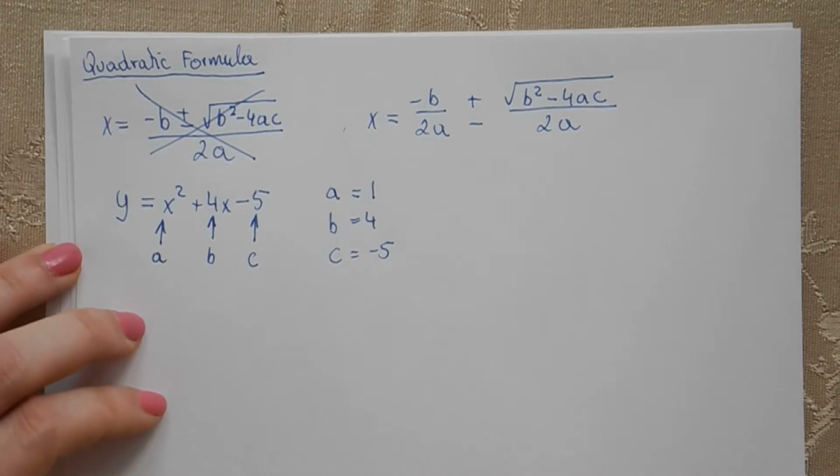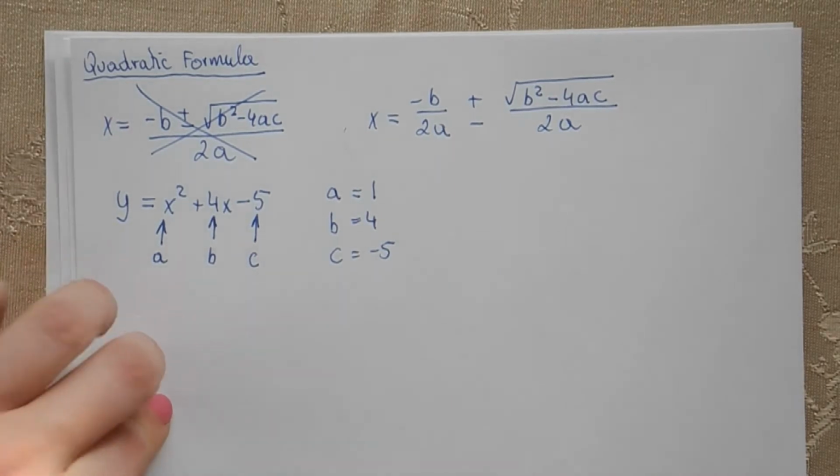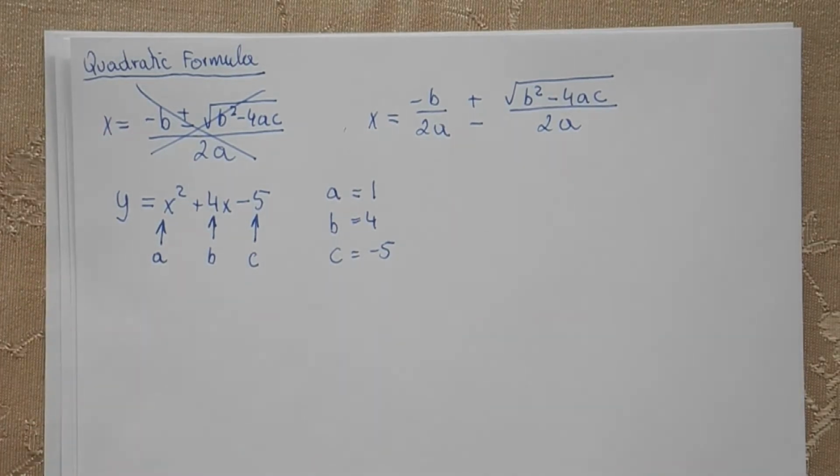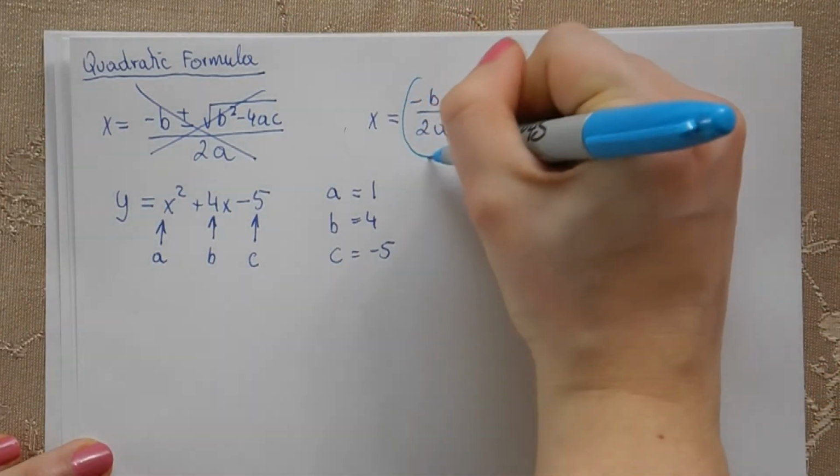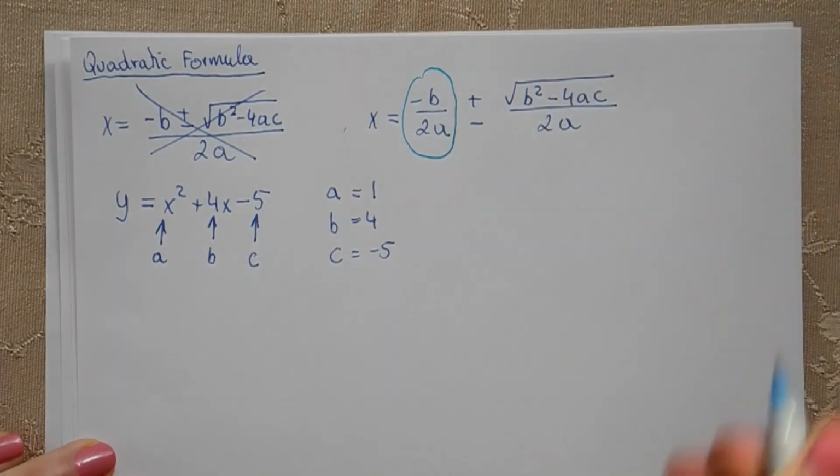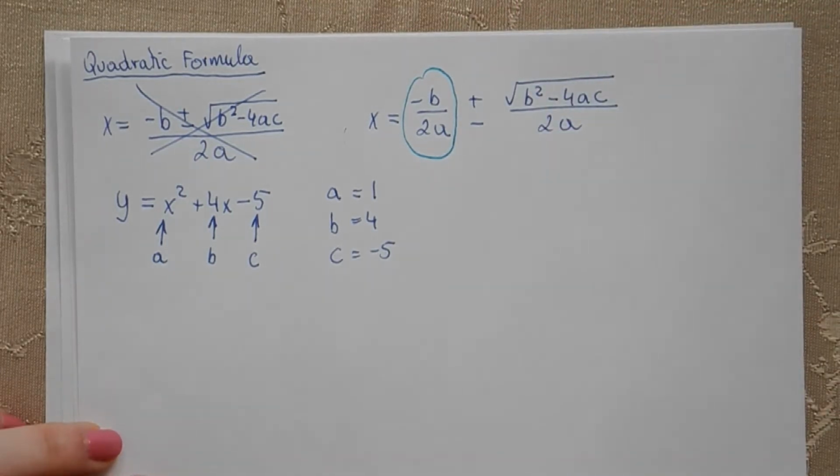Now, if we look at the first part of the equation, negative b over 2a, this part of the equation indicates the line of symmetry of our parabola.